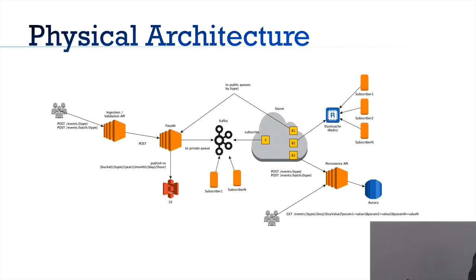So this is what the physical architecture looks like, kind of a deployment footprint. We have this ingestion validation collection of EC2 instances. A system makes a post request for a log event. They can either post a single log event or they can post a batch of log events.